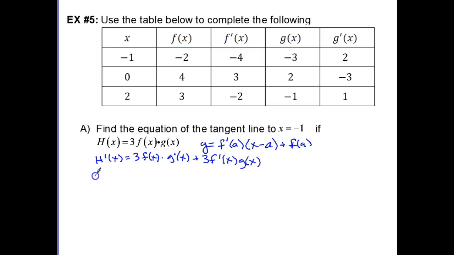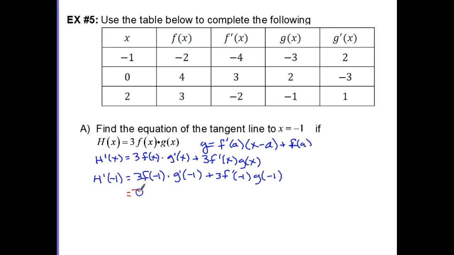I'm using my product rule here. And that means that h prime of -1 is going to be 3 times f of -1 times g prime of -1 plus 3 times f prime of -1 times g of -1.